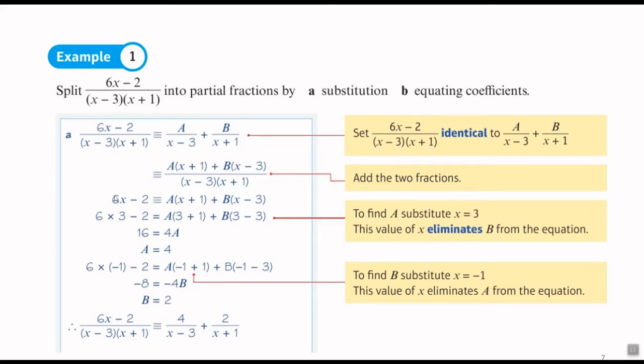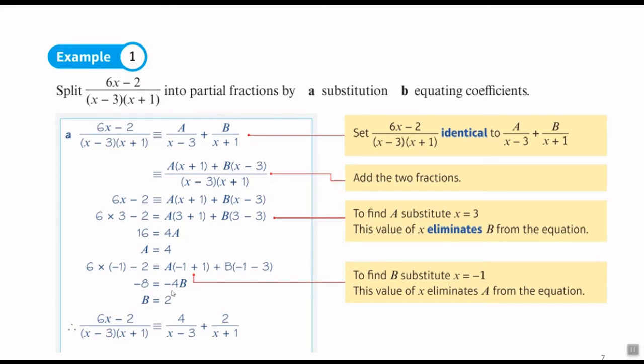If you substitute x equal minus 1 into this identity, 6 times minus 1 minus 2 equal to a times minus 1 plus 1, plus b times minus 1 minus 3. Here you can see minus 1 plus 1 is 0. So then you get the value for b times minus 4.